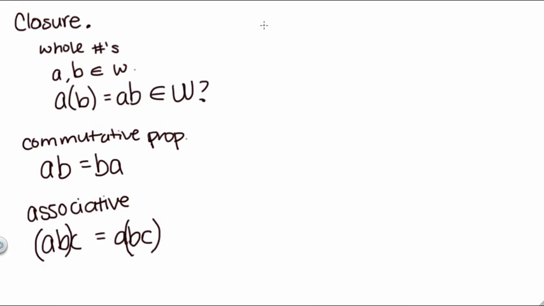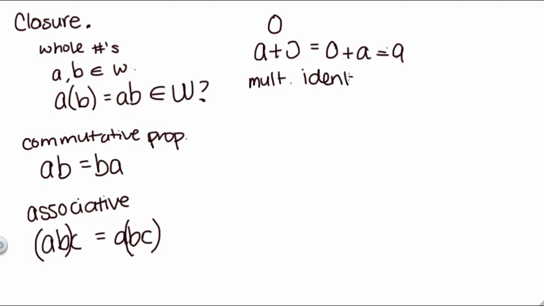So going back to addition, the additive identity was 0, right? If we did A plus 0, or the other way around, 0 plus A, it equaled A. And now for multiplication, we have a multiplicative identity. So we're trying to find out what we can multiply to A to get itself.